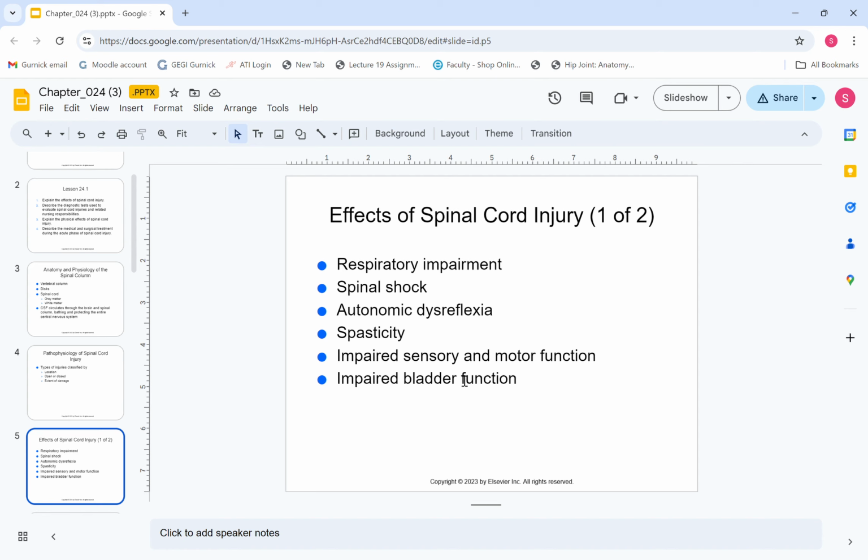All right, so that might mean anything from having trouble starting a bowel movement, starting a stream of urine, to you can't empty your bladder, you can't start a bowel movement without some help, right?